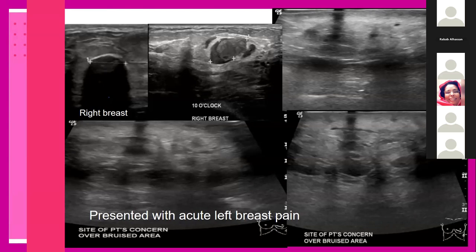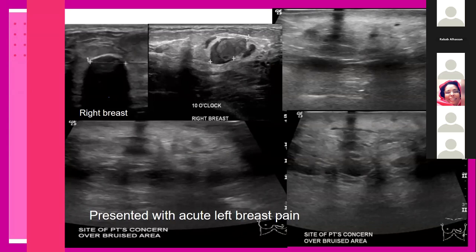This lady, okay. Yes, this lady had these images, okay, and presented with acute left breast pain. This is her right breast, and this is the left breast pain side, inferior medial breast, where she has breast pain.